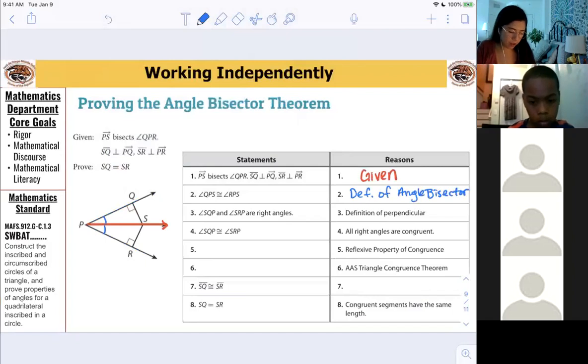Then they tell me that SQP and SRP are right angles, and that's because of the definition of perpendicular. Then SQP is congruent to SRP because all right angles are congruent. Where can I use the reflexive property? PS is congruent to SP.